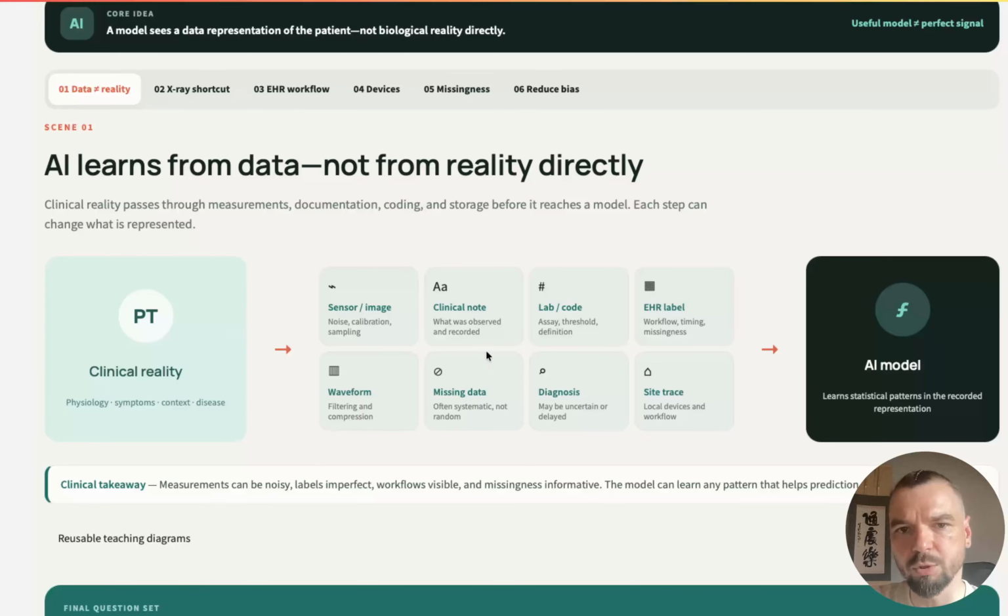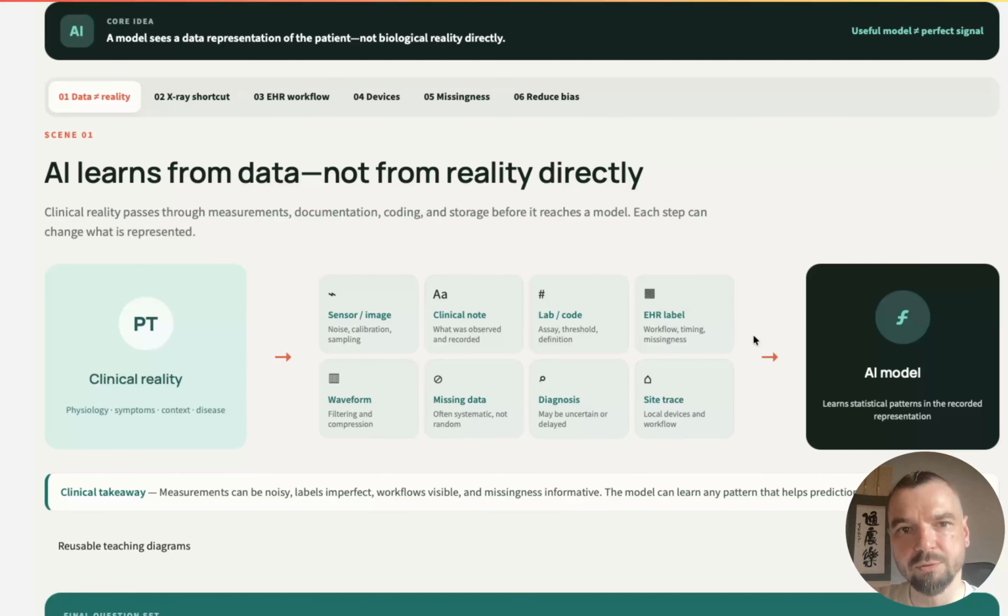We have some notes that don't fully represent clinical reality, and the model is trained not on reality but on this fragment, some data footprint. And they are not perfect, obviously, and sometimes they are systematically imperfect.